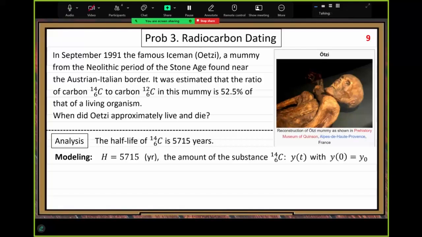And the initial value, y of 0 equals y0. We don't need that specific number. That number is not important because it will cancel out. That y0 will be canceled out, so its specific number is not important here.